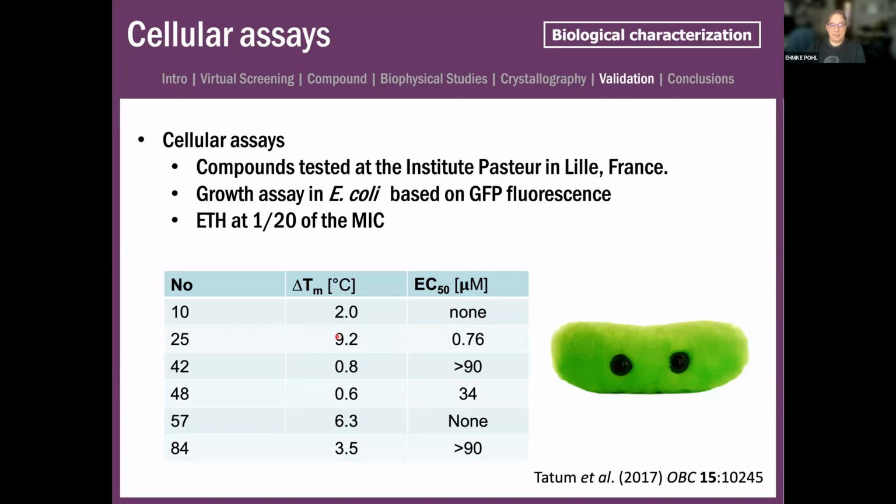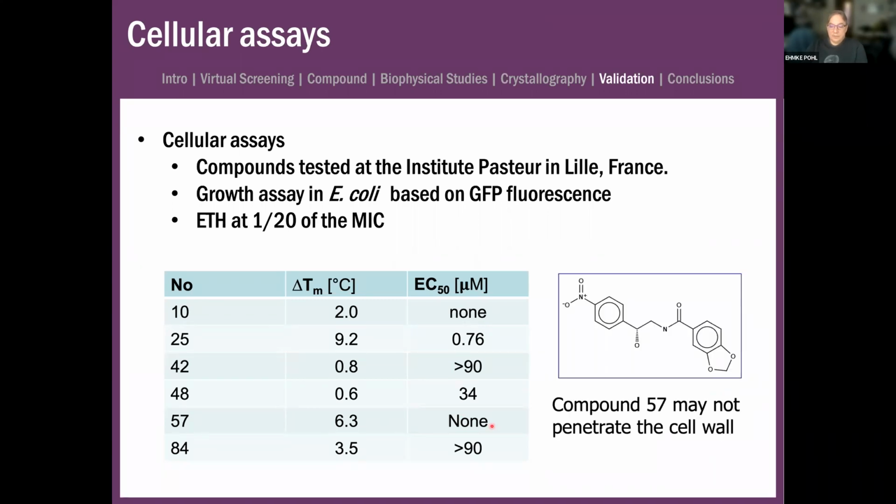25, again, is one of our top compounds. It has a very good efficacy. But we also have number 57, which has no efficacy whatsoever. So 57 was one of our top hits in our Thermoshift assays, but again, no efficacy whatsoever. And the best explanation that we have is that this is probably relatively large and not able to penetrate the cell wall.